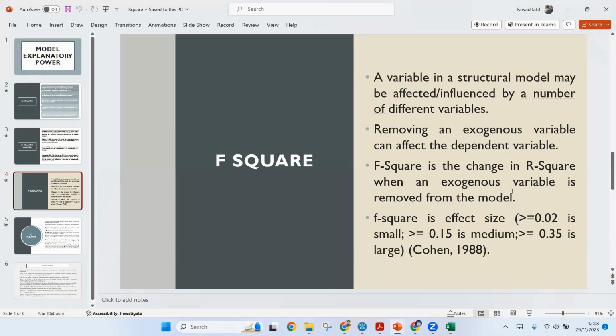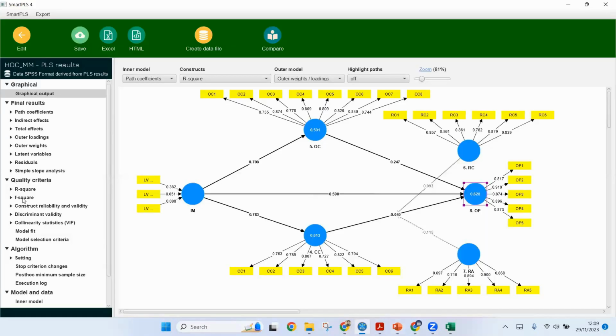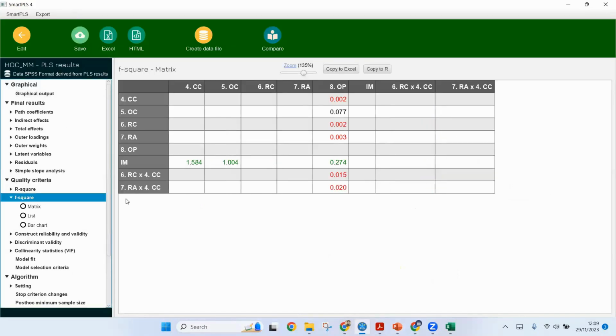F square ranges from greater than 0.02 is small, greater than 0.15 is medium, greater than 0.35 is large. So is it a small effect, medium effect, or large effect if we remove a construct from the study? So where is R square? Let's say, here it is. You run the PLS algorithm and you will have this R square.